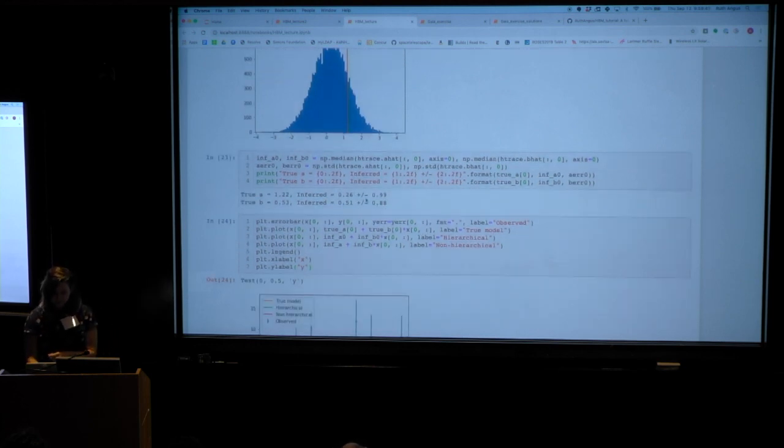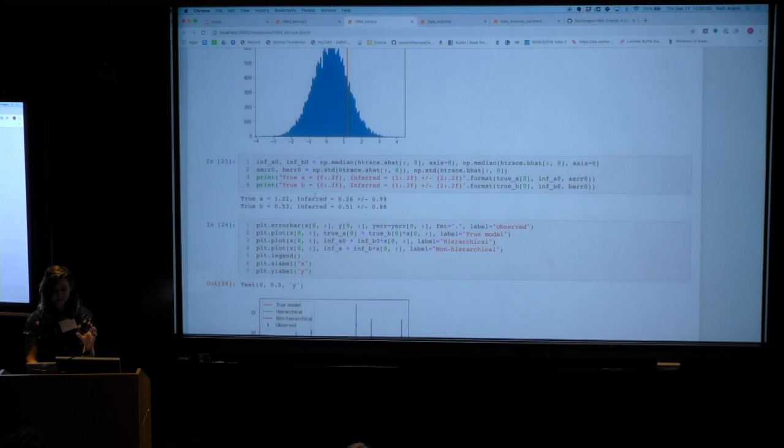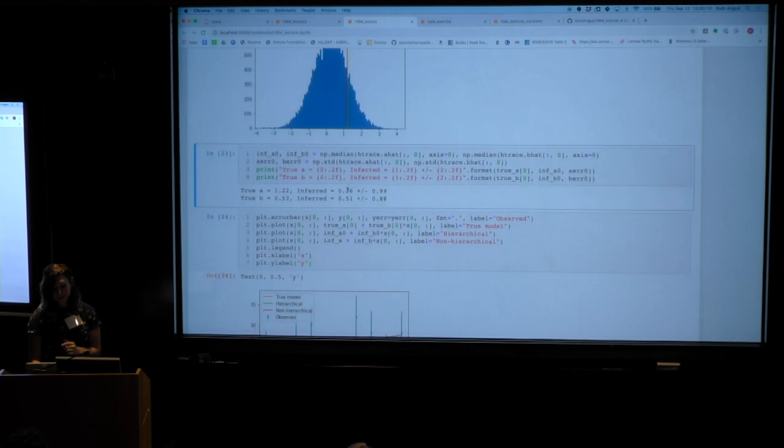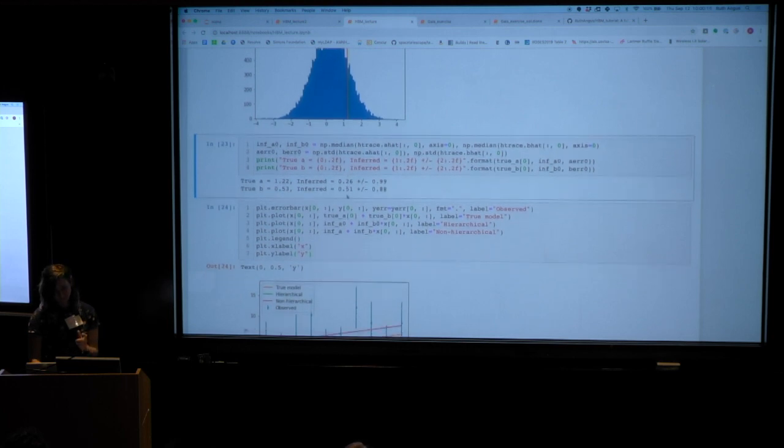But here you can see the true and inferred value of A and B for that first line. And you can see that's still not perfect. The inferred value is not the same as the true value, but it is within 1 sigma still. And it's better than it was before.